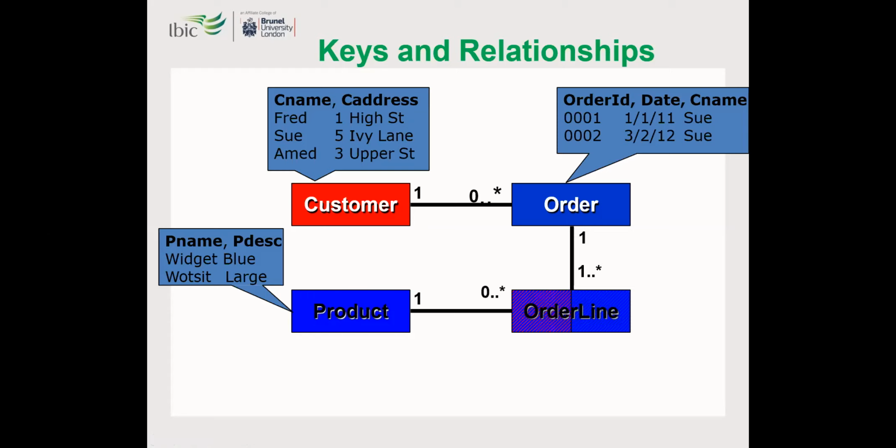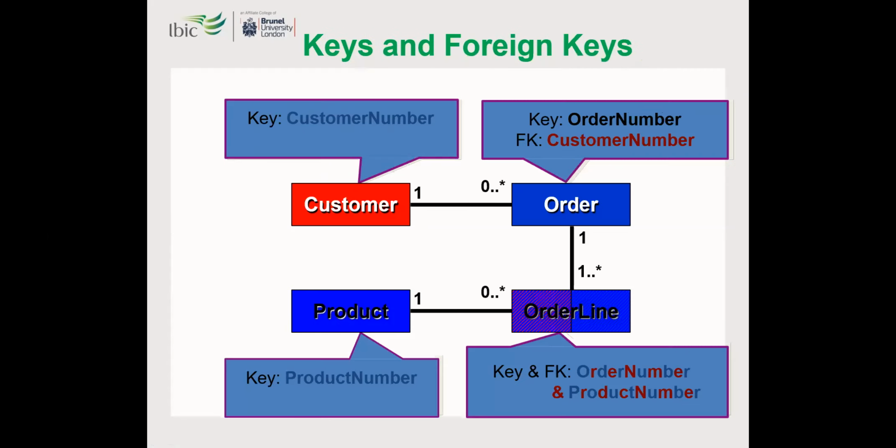Something is in common. Let's look at the example. If we have customer number in this particular order, then customer number in the customer table is a primary key. However, it is a foreign key in another table, which is order.